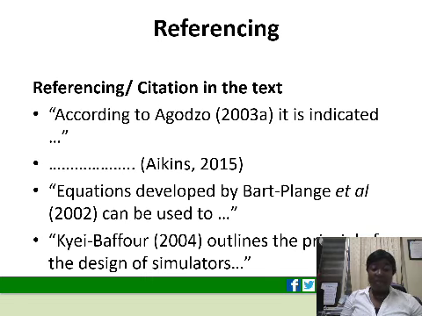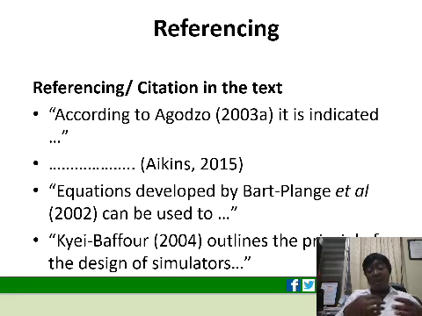So if you are referencing, for instance, in text, you can refer to Agojo's work. For instance, if I have "according to Agojo 2003a", this means that you have more than one work of Agojo in 2003 in your report. So you report one as a, the other will be b, and so forth.